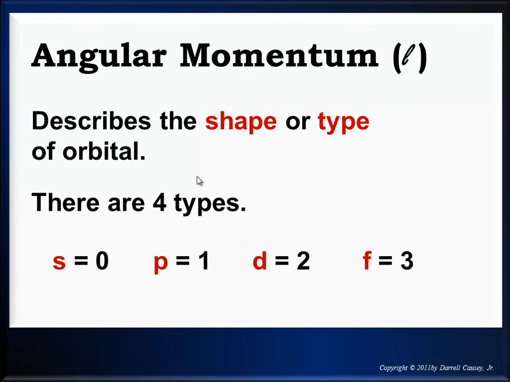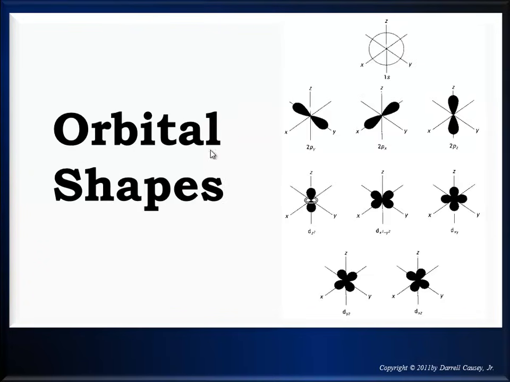And these numbers are used as labels, so that when we talk about the quantum number l, we say l equals 0 for an S orbital, l equals 1 for a P orbital, l equals 2 for a D orbital, and l equals 3 for an F orbital. And so those are our orbital shapes, their names, and their numerical values.